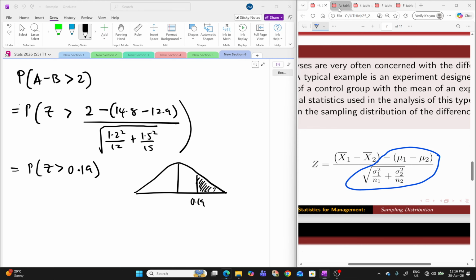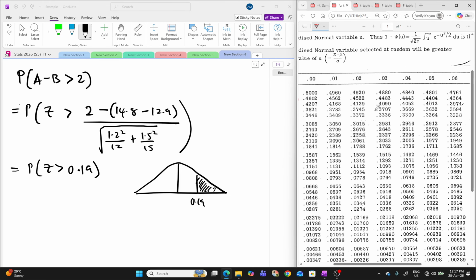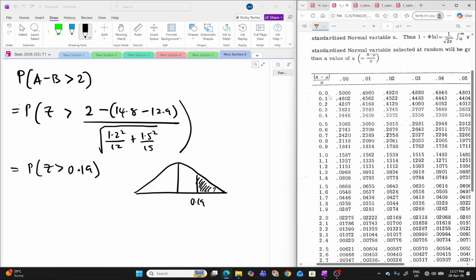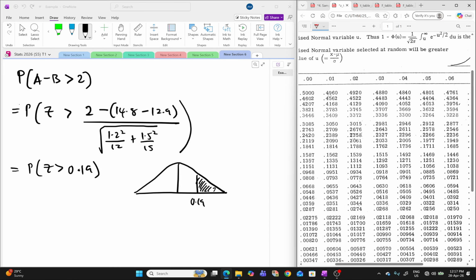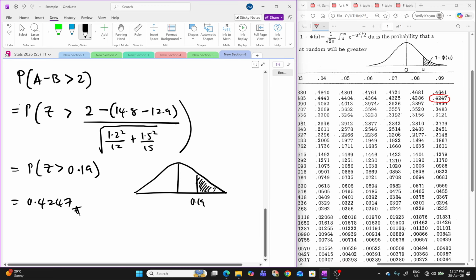You can get this directly from the table: 0.1 here, and then go all the way to 9. This one is it, you get 0.4247. Okay, good.